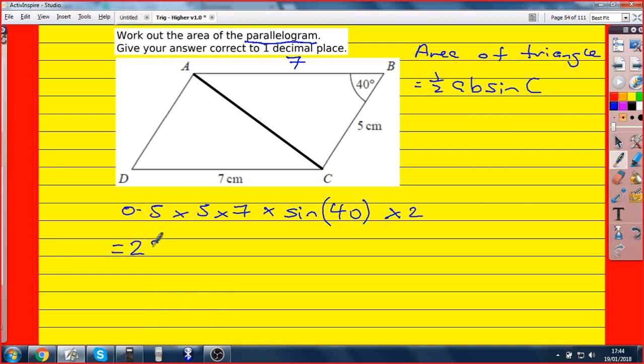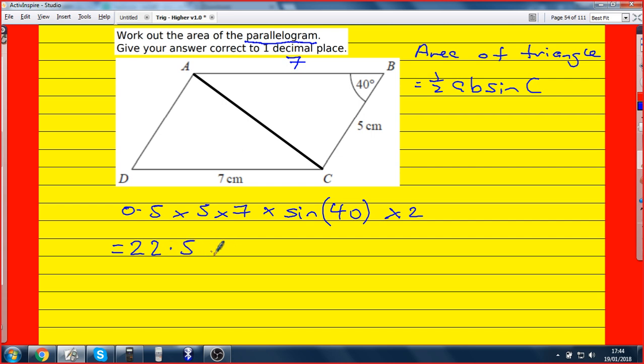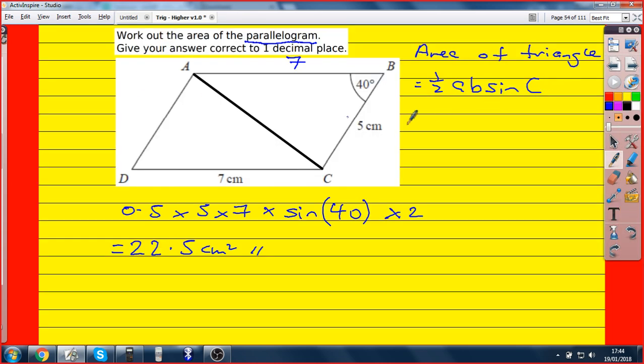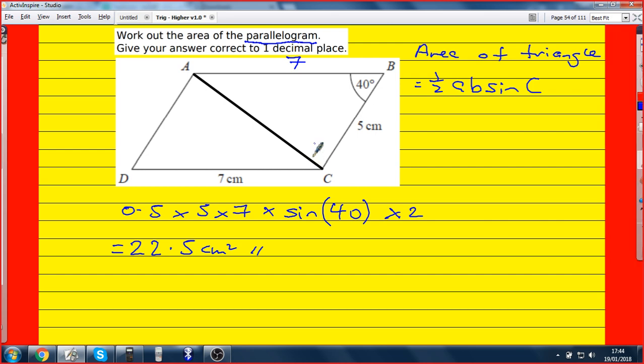That's equal to 22.5 centimeters squared, and that's 3 marks. You can find the area of half the parallelogram using the formula, so you double it to get the total. Any questions there?